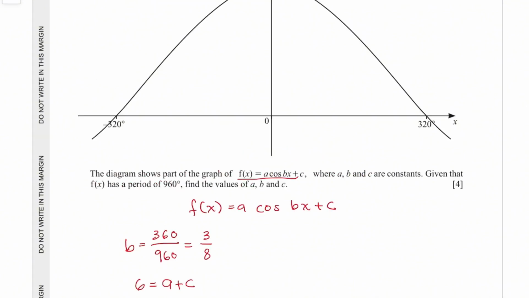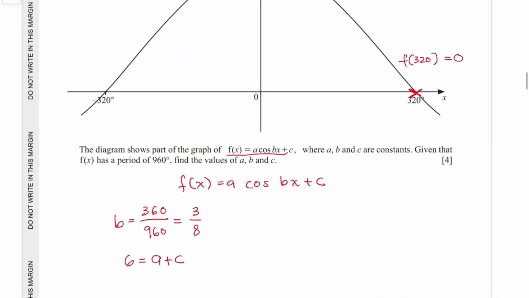In order for you to equate into an equation, you should see that this point is happening when your x is 320, then your y would be 0, right? So basically, when x is 320, your fx would be 0. Now that is what I'm going to use.